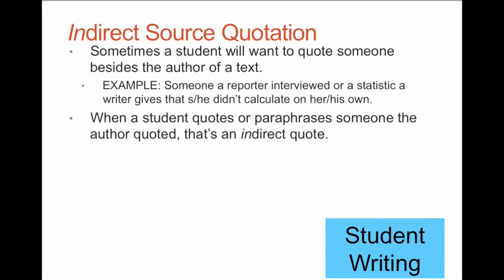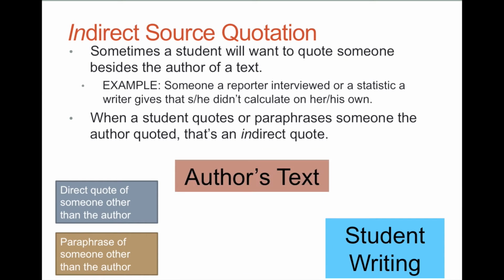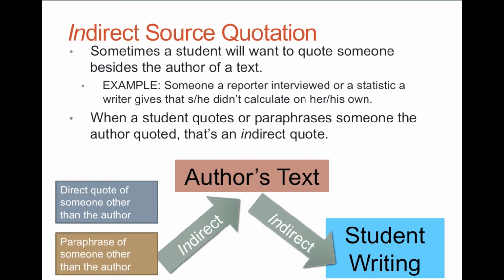So let's say here's your student writing, and you want to quote someone that the author has paraphrased, someone other than the author, him or herself. But you have to get it through the author's text because the person you want to quote didn't actually write an article or a book or something like that. In this instance, if you want to go from the quote of someone who didn't write a book or an article and you want to put that in your student writing, you have to go through the author who wrote the book or the article, and that's considered indirect.